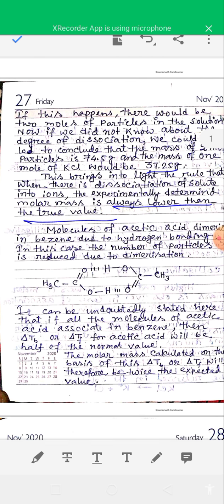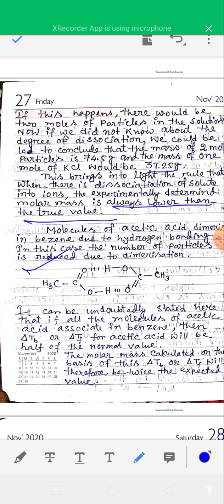Now see, in the case of acetic acid in benzene, two acetic acid molecules dimerize to form a dimer. That means when two molecules combine to form a single molecule, the number of particles in the solution decreases due to dimerization of acetic acid in benzene.